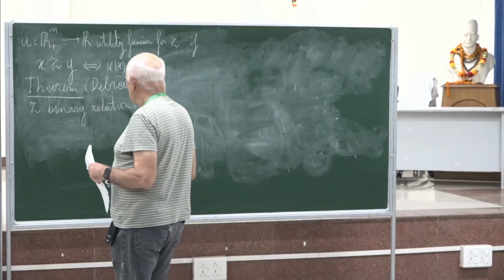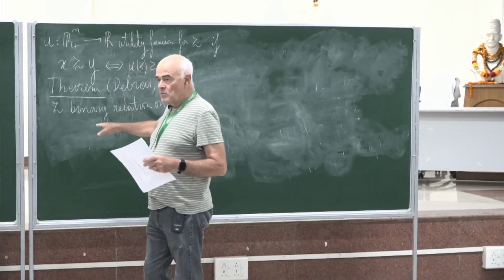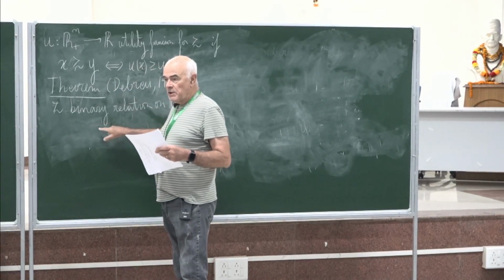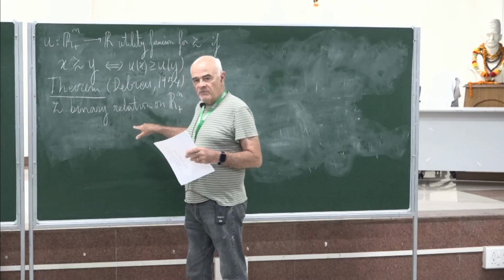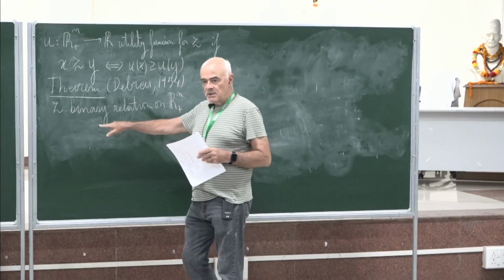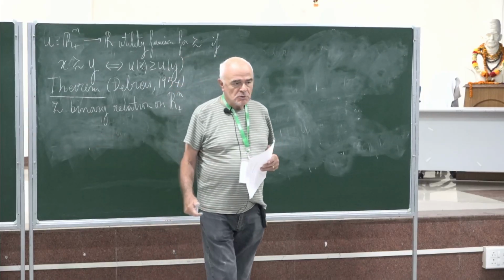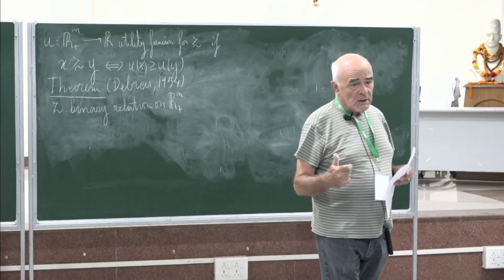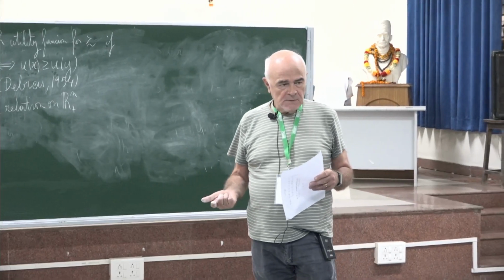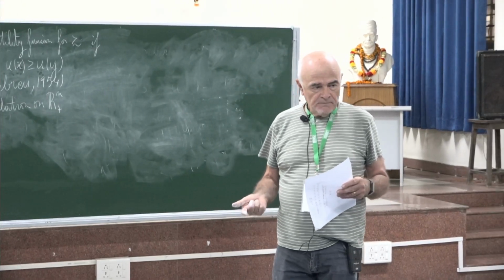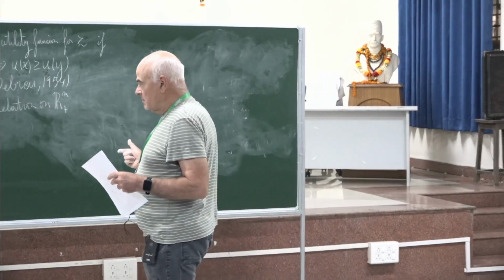But there is one crucial condition here. We are going to give a statement about representability of this relation by a utility function. And in general, representability fails. I will give you an example after this statement.